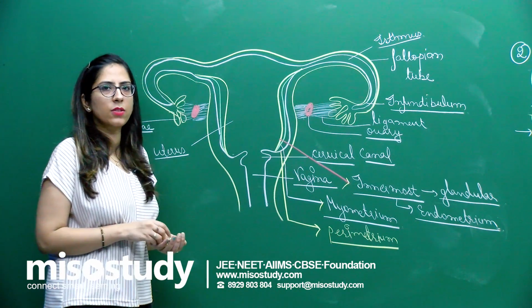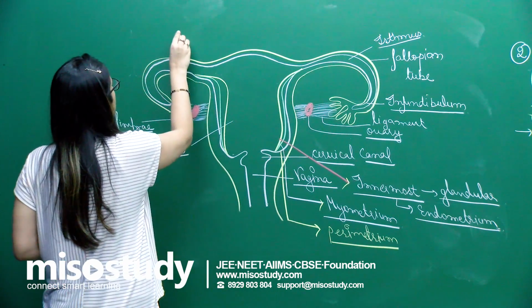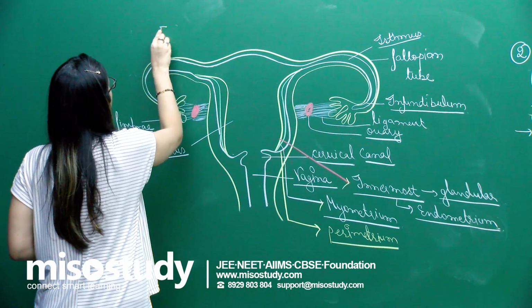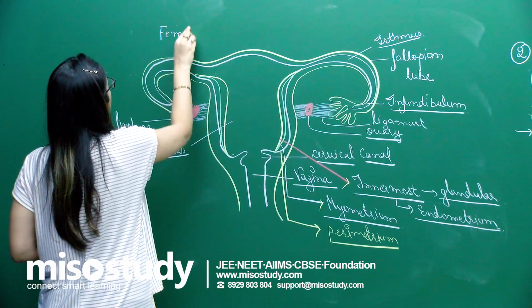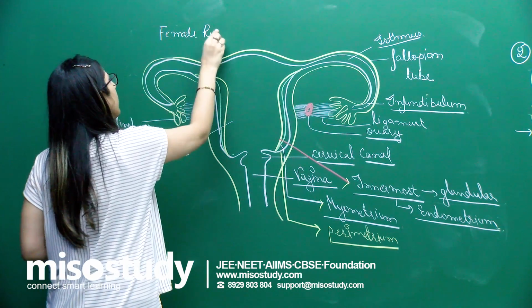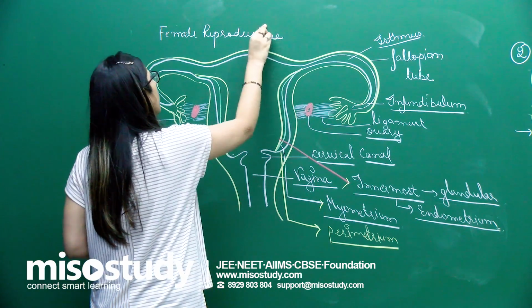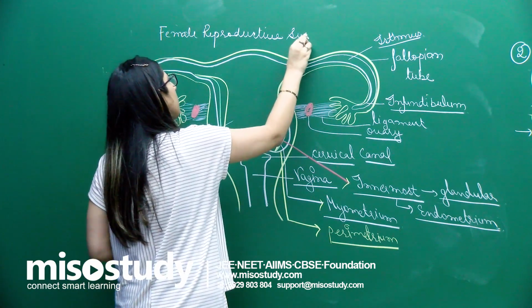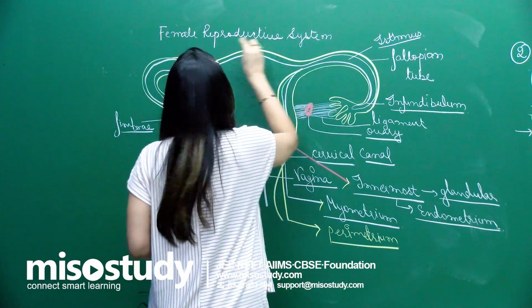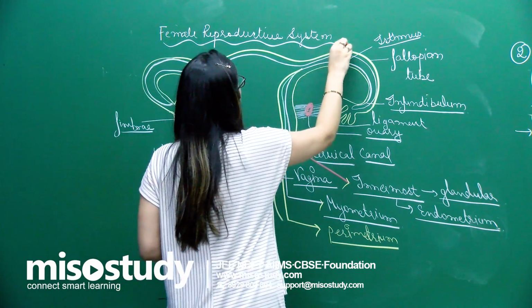So this is the structure of the female reproductive system.